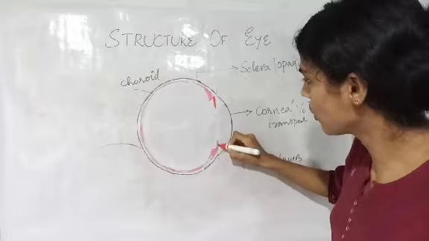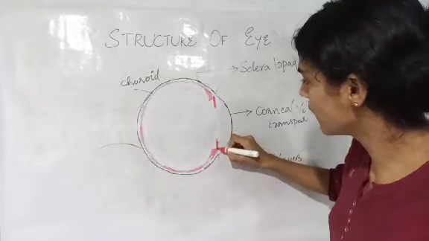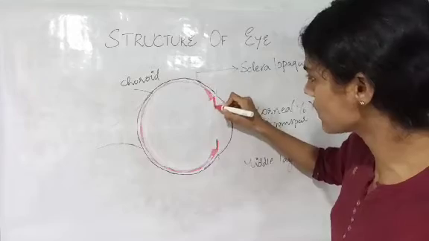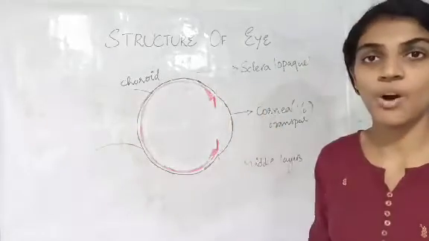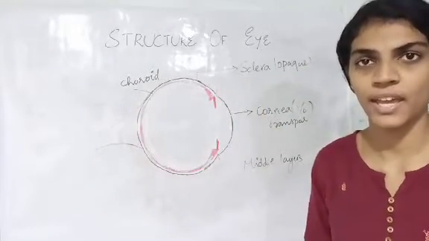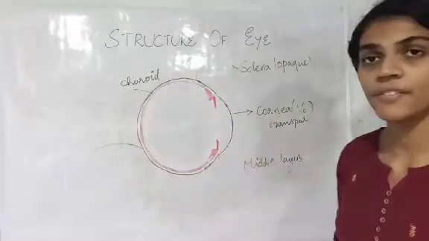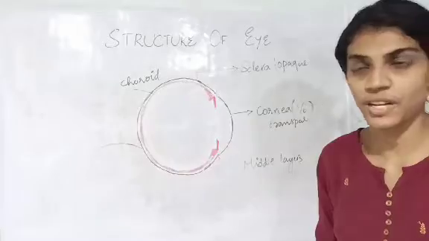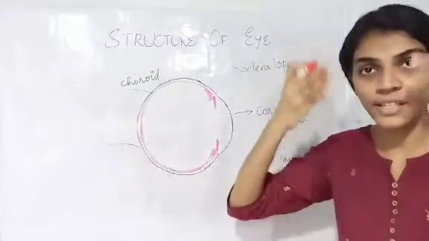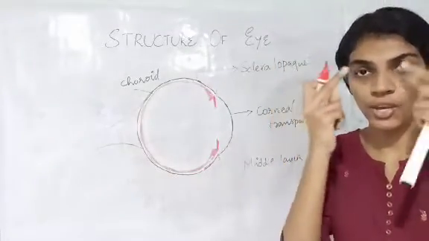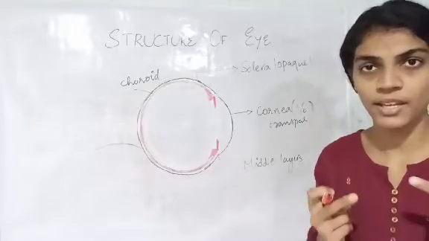Okay, so from the choroid you can see a finger-like projection which is known as the iris or diaphragm. Okay, that means if you're taking the cross section, you can see it like a finger, that is a finger-like projection. But if you're taking the frontal view, what you are seeing, you can see this darkened portion in the eye, right?